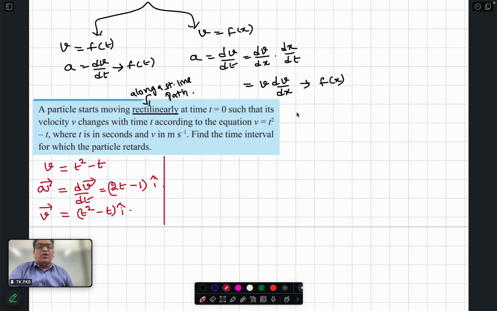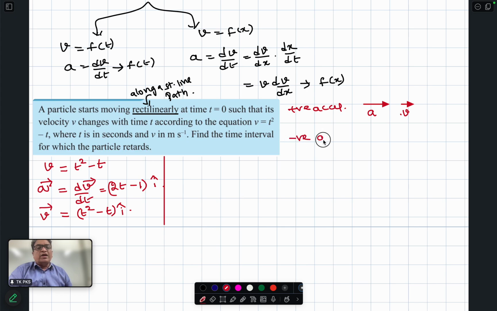See, if a body has positive acceleration, acceleration and instantaneous velocity are along the same direction.